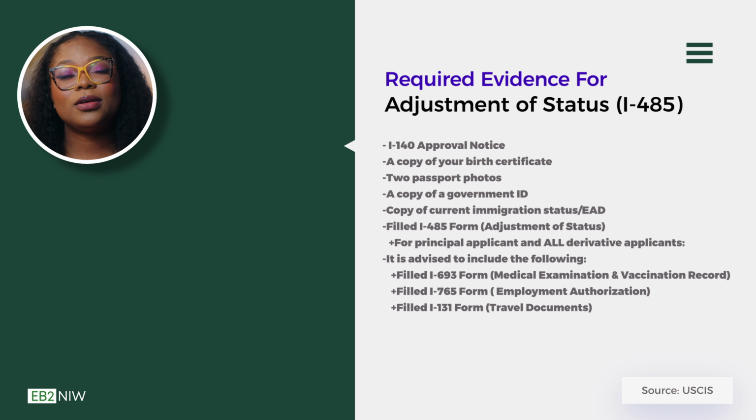And then if you're applying for an employment authorization document, make sure you put the appropriate form, which is I-765. And if you're applying to be able to travel outside the US while USCIS is taking care of your application, then make sure you put a well completed and signed version of form I-131.